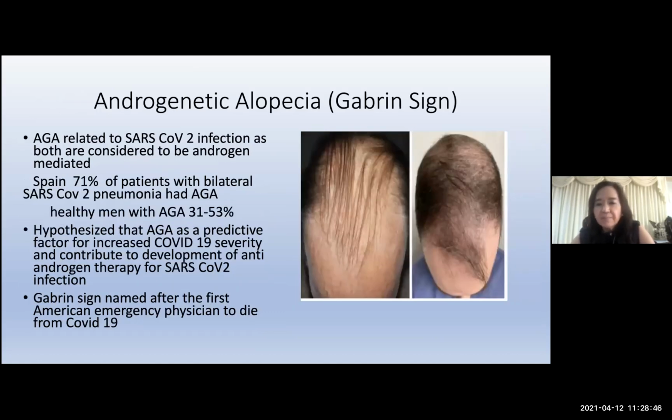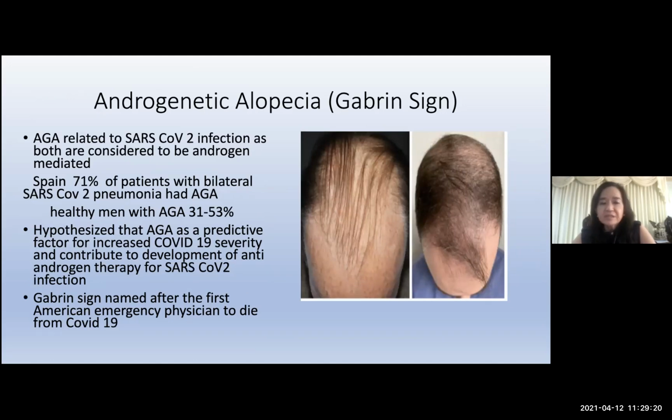Another thing that would happen was you would have also androgenetic alopecia, and it was called the Gabrin sign. The androgenetic alopecia was related to SARS-CoV infection as both were considered to be androgen mediated. In Spain, 71% of patients who had SARS-CoV-2 pneumonia had androgenetic alopecia versus healthy men who had only 31 to 53% of AGA.